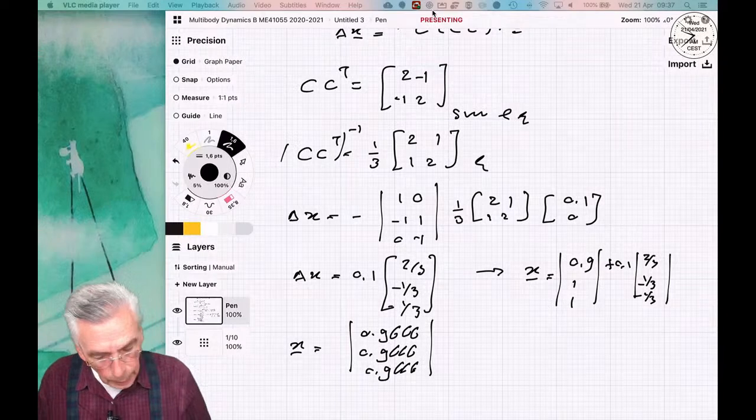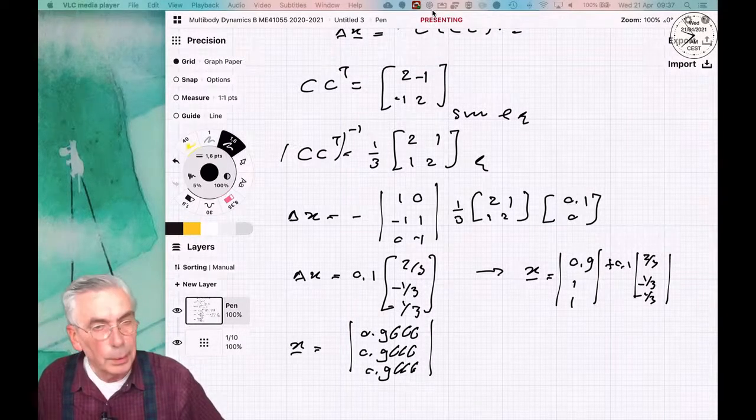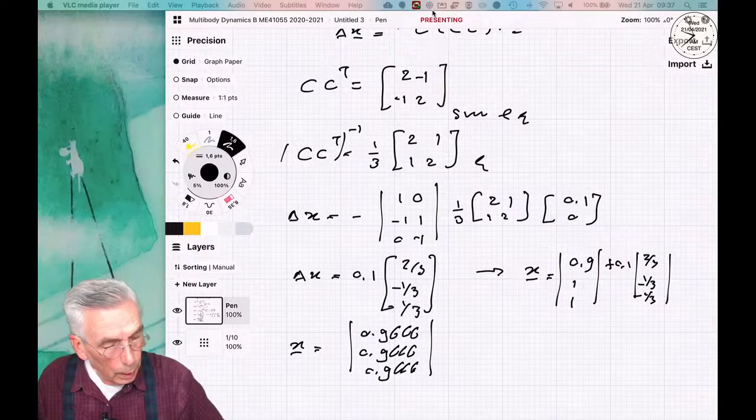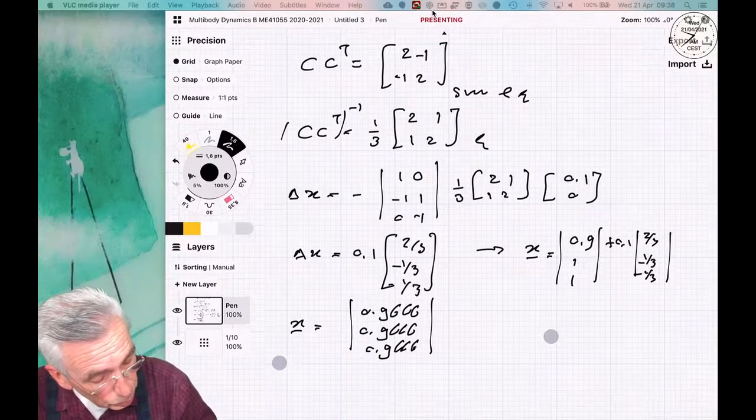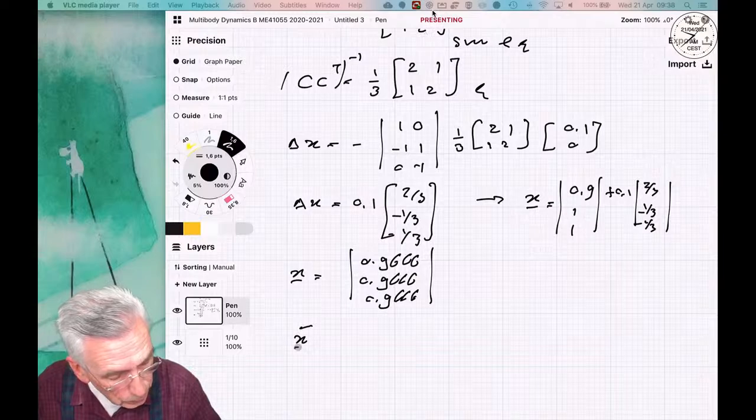Anyway, we see actually what happens, that we add a little bit to this and subtract a little bit, add a little bit to this and subtract a little bit to this. And now the question, is this really the shortest distance? So what is the distance between the x tilde minus the x?